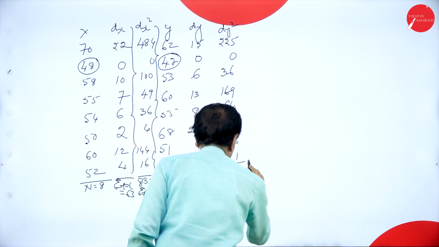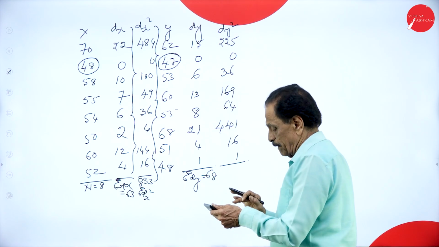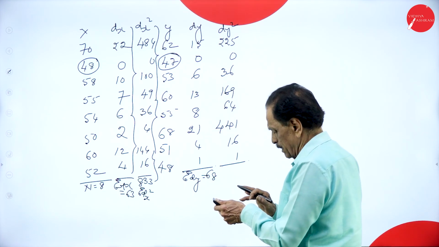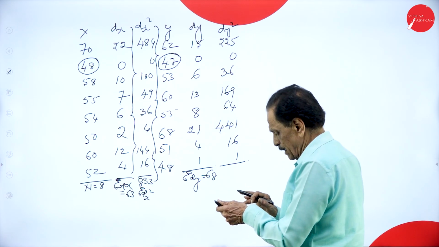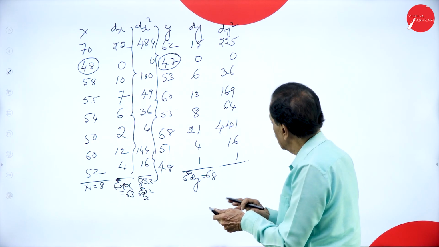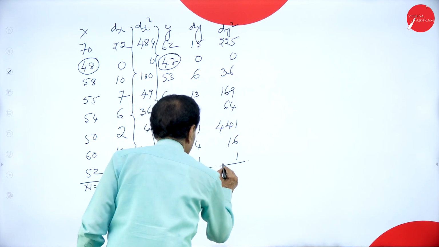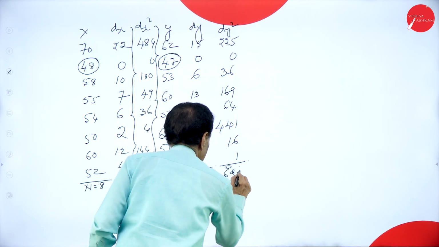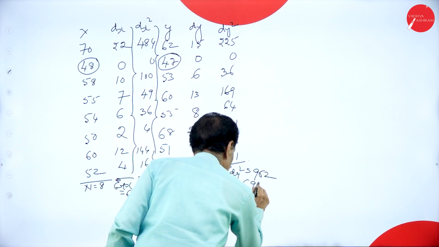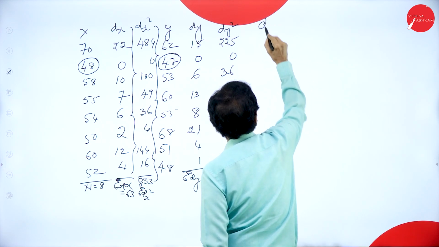This is 1. Add the figures: 225 plus 36 plus 169 plus 64 plus 441 plus 16 plus 1 is 952. Sigma dy square is 952.